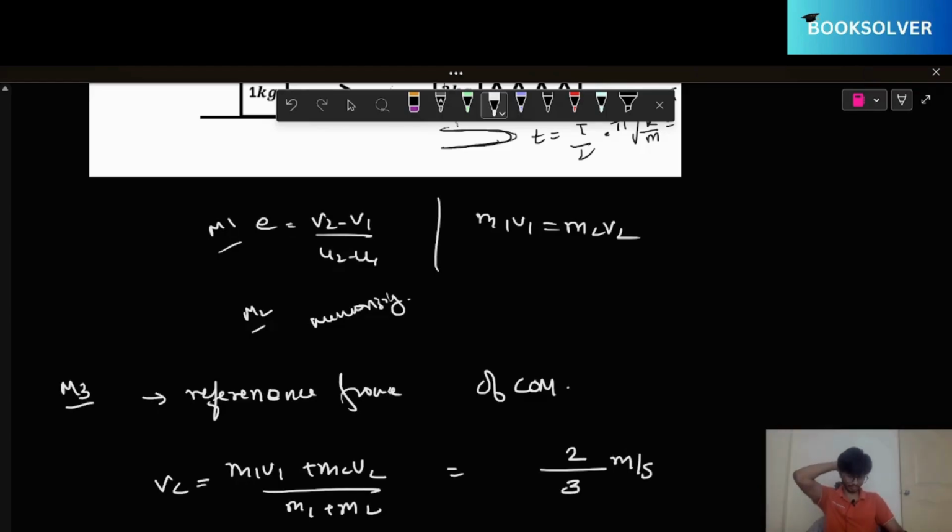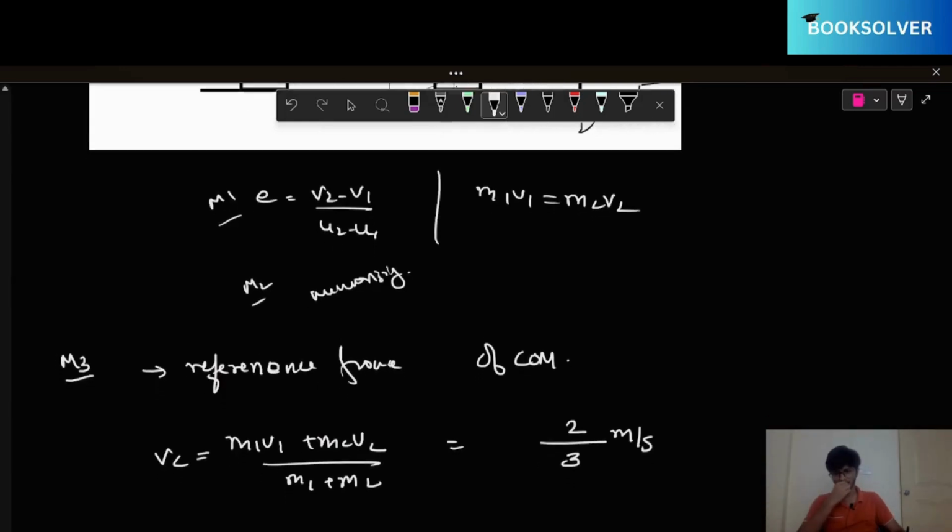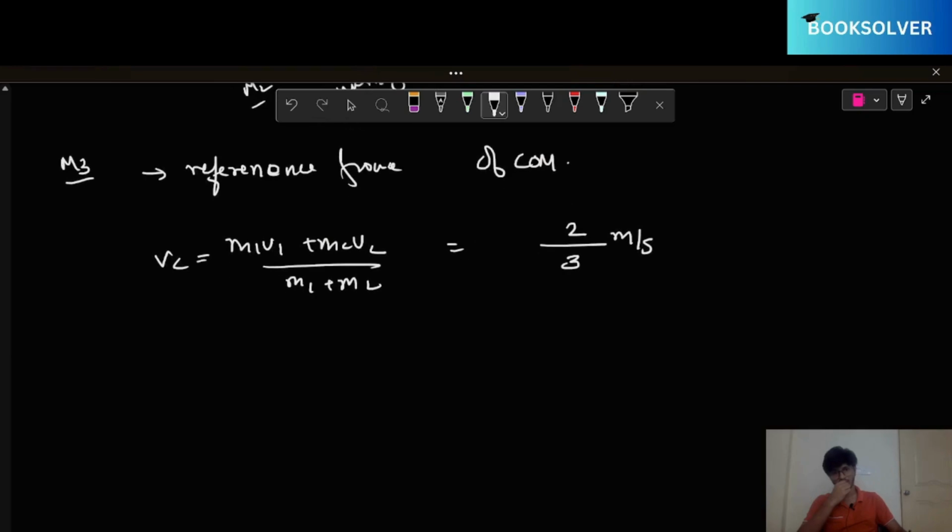If we see, this is the center of mass, and the block is coming here at a speed of 2 meters per second, which in reference to the center of mass is 4 by 3 meters per second.